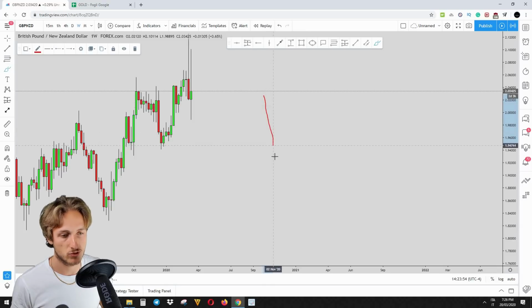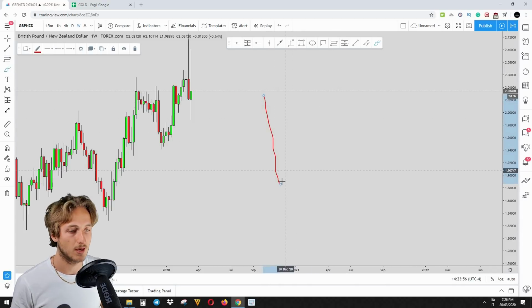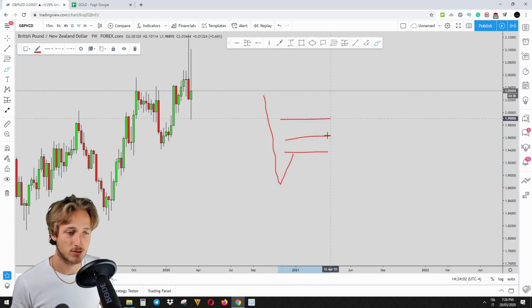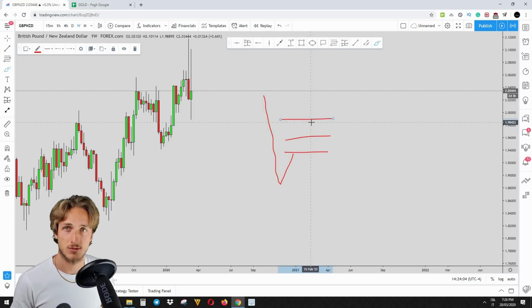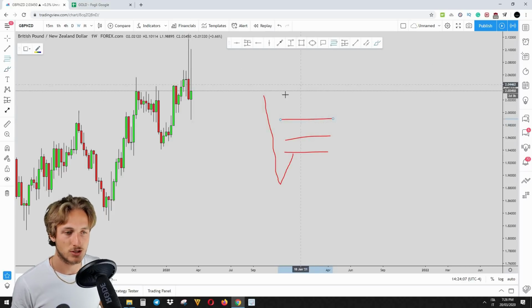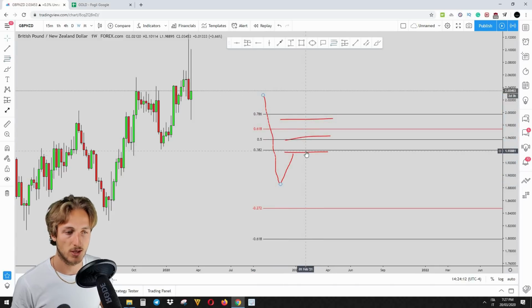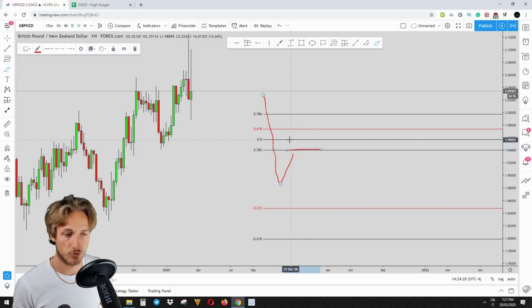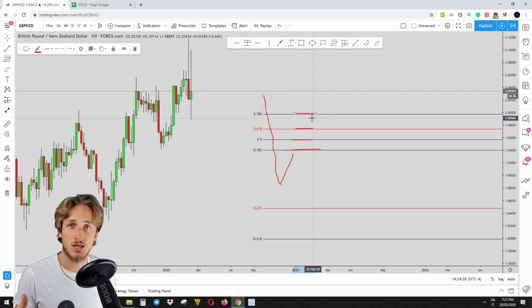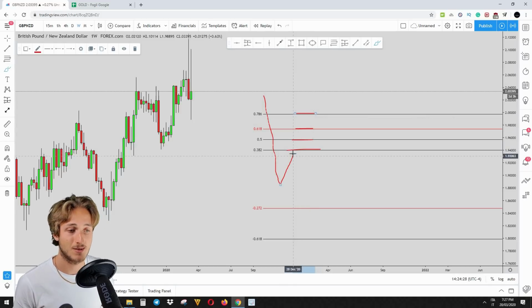It means that if you have an impulse to the downside and you want information on the retracement, you want to know which are the most important levels of resistance during this retracement, the simple way to do it is just taking your Fibonacci from the high to the low of the impulse, and you will get several levels. You will get, for example, your 0.382, your 50%, your 0.618, and your 0.786, which are the most important levels of resistance that the market will encounter in its push to the upside.